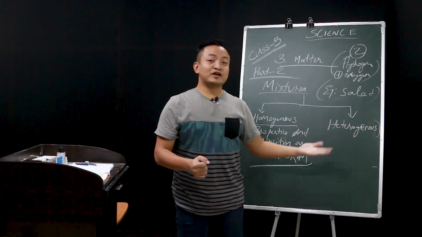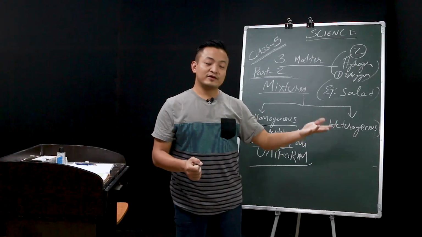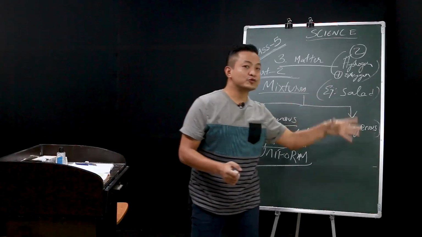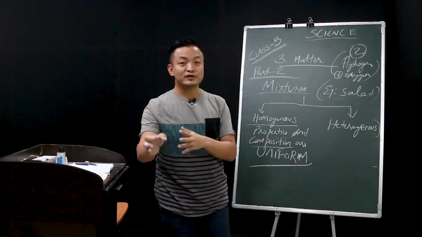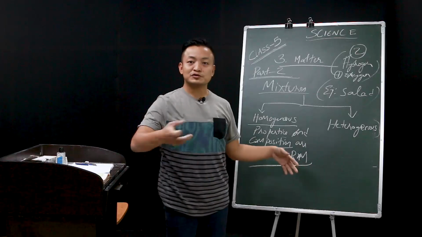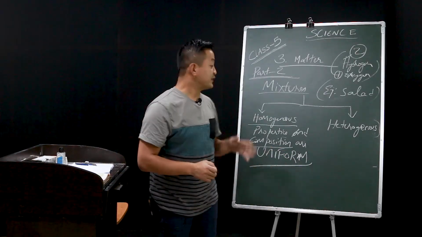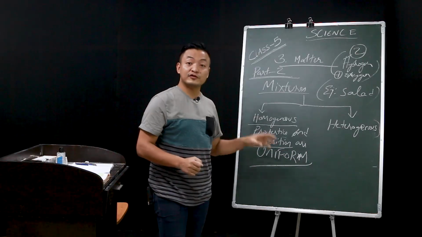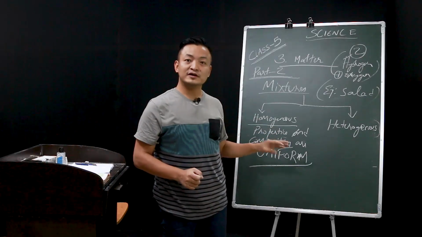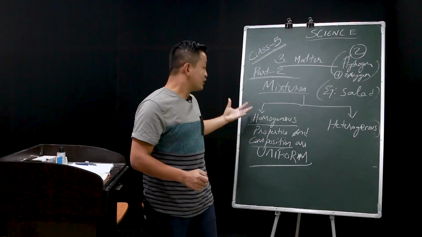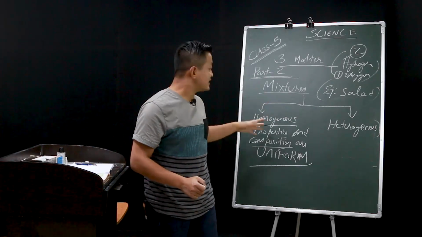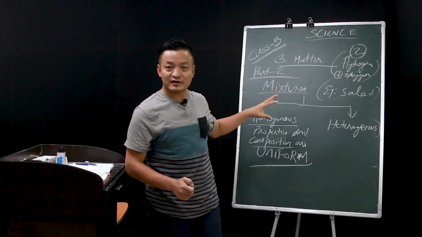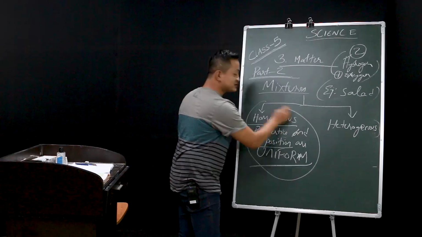You can try with sugar as well. If you dissolve it in water, you will not be able to identify which is water and which is sugar, because the properties and composition are uniform all throughout the mixture. So if it's uniform, then it is a homogeneous mixture. Are you clear with homogeneous mixtures?